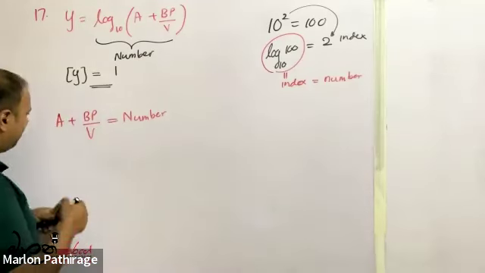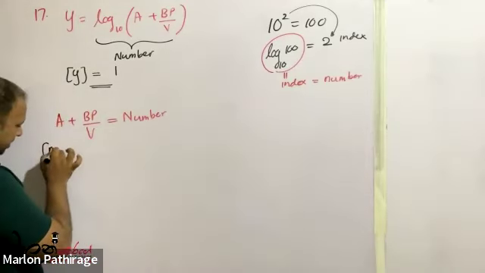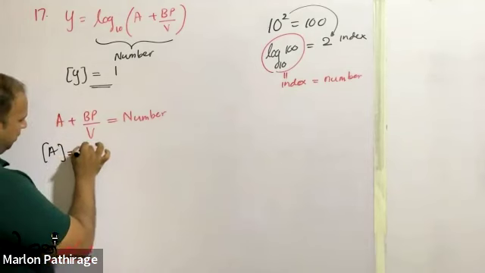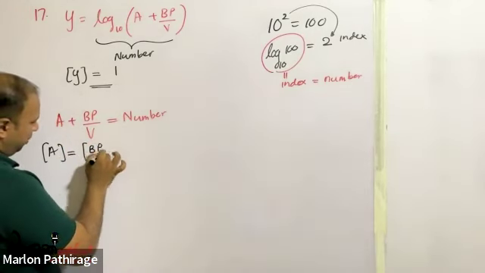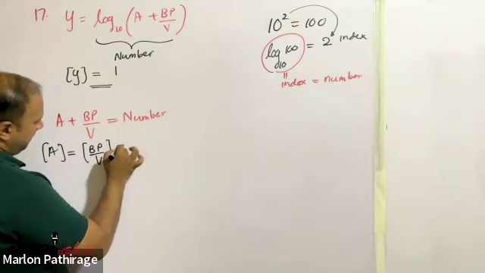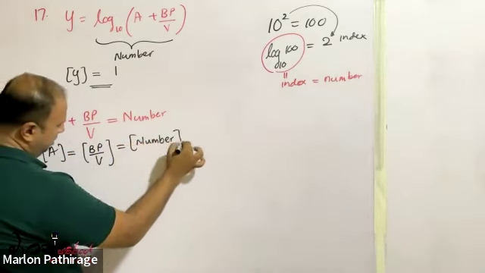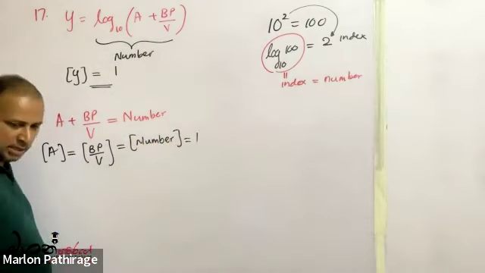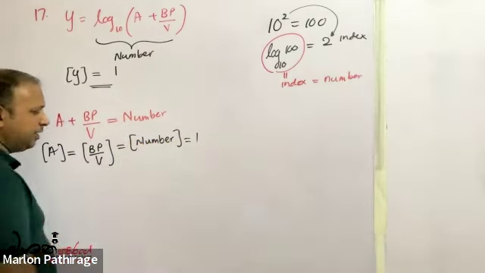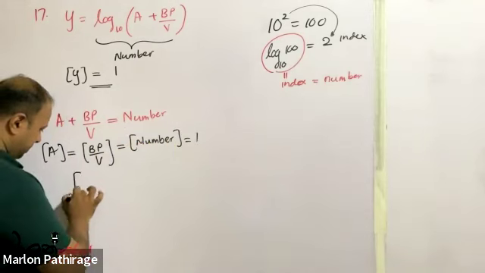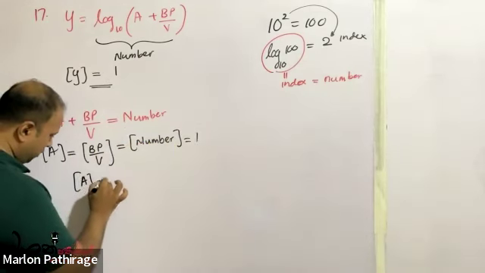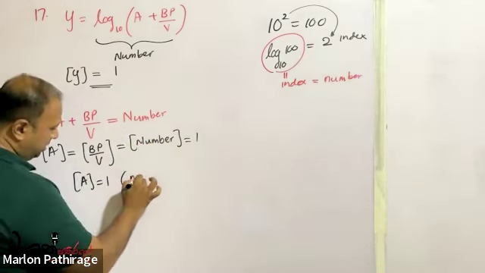Therefore, dimension of A is equal to dimension of BP over V, that is equal to a number. Therefore, dimension of A is definitely equal to 1, or no dimension.